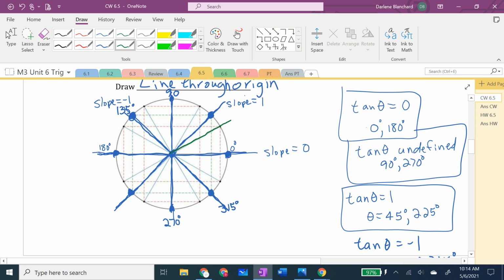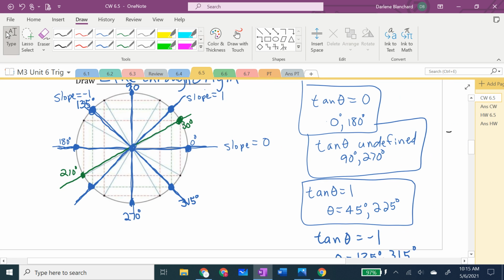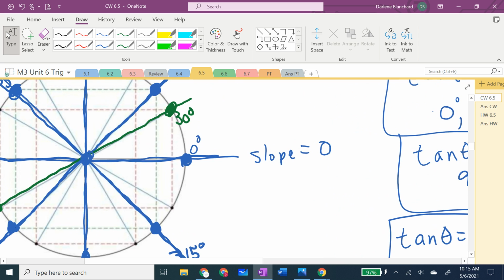If I draw a line through the 30-degree angle, it's going to cross over to the other side and also go through the angle 210 degrees. If you are at either of these two angles and you are asked what is the tangent, you're going to get the same number. And you can remember that tangent is sine over cosine.